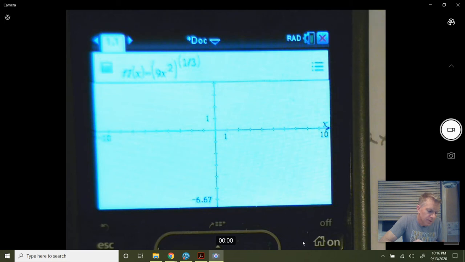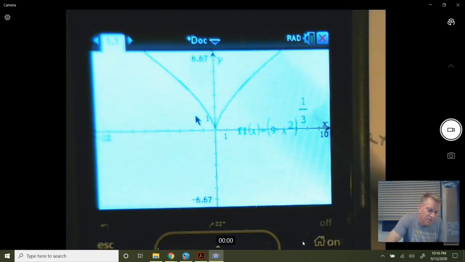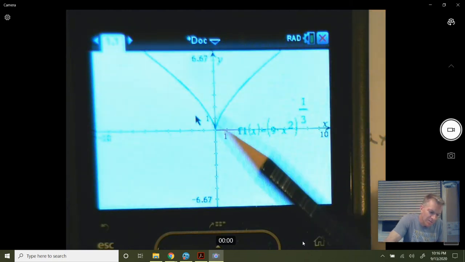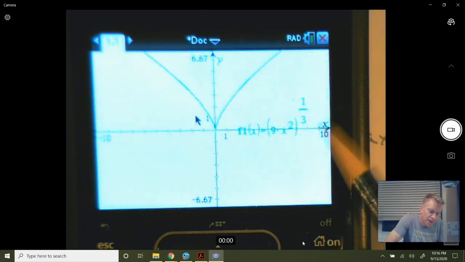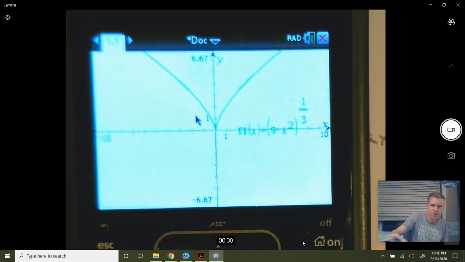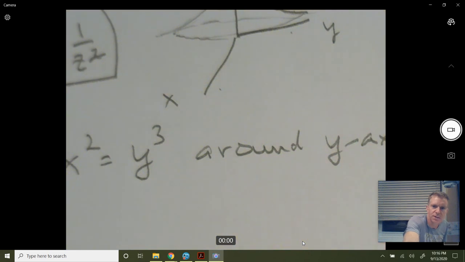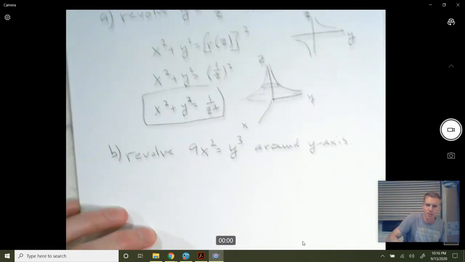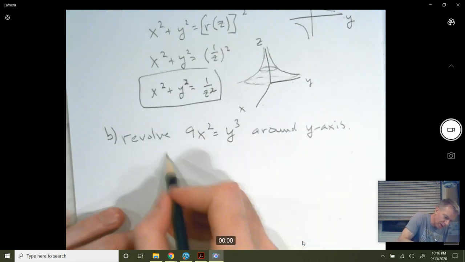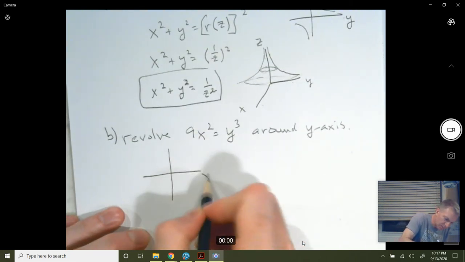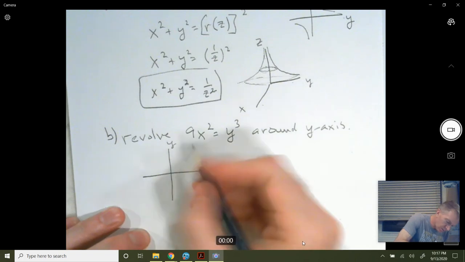Okay. It's going to look something like this. So I'm just going to look at that part of my graph in the XY plane. It doesn't have to be perfect, but just to give you an idea of what this looks like. Okay. So this curve in the XY plane looks like this.